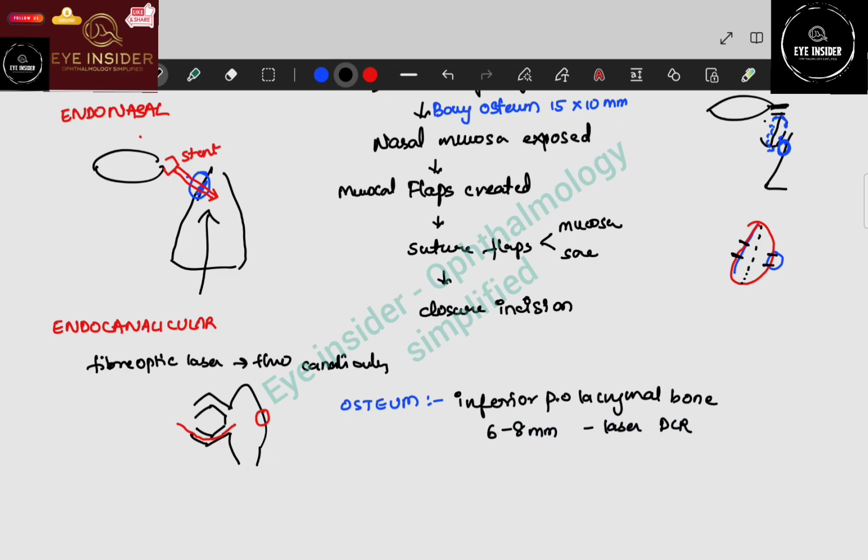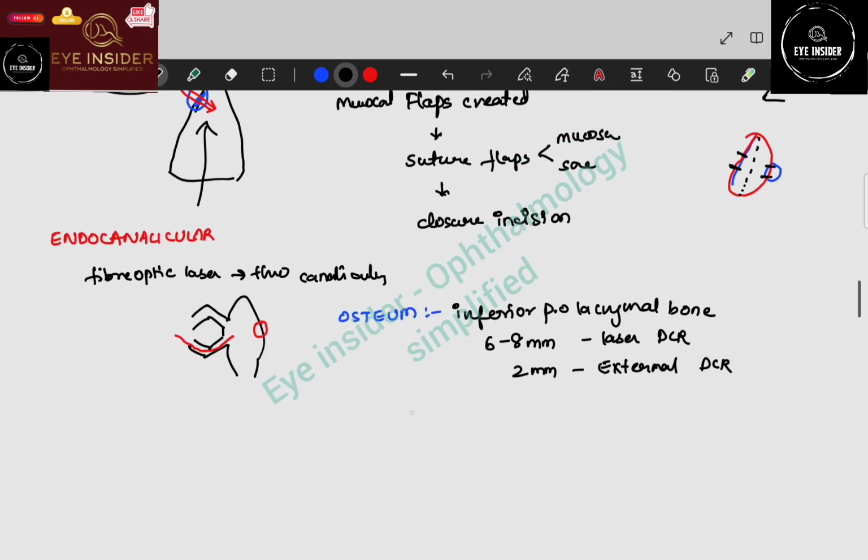Okay, so we can also apply mitomycin C 0.5 mg per ml for 10 minutes to reduce the inflammatory reaction, and this inflammatory reaction in turn leads to reduction in the size of the osteum, right? So this is the most common reason for failure.